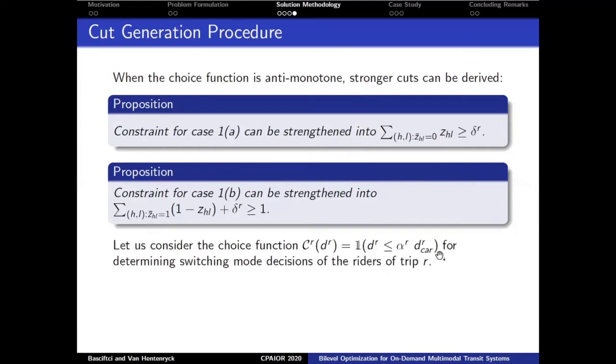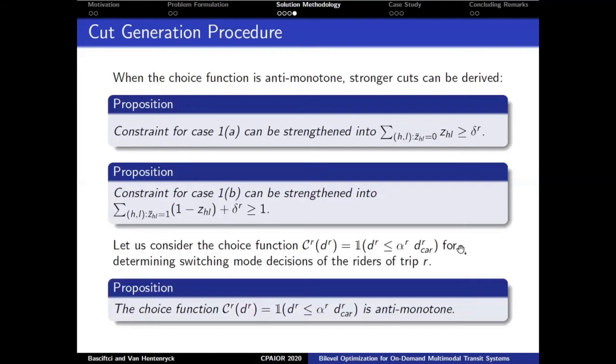So in here, if this value is alpha r times the current value, less than the current value, then the user will adopt the system. Otherwise, the user will not adopt the system and continue to use her personal vehicle. And then we propose that this choice function is anti-monotone. So for this choice function, we can use the stronger cuts that we proved in here.